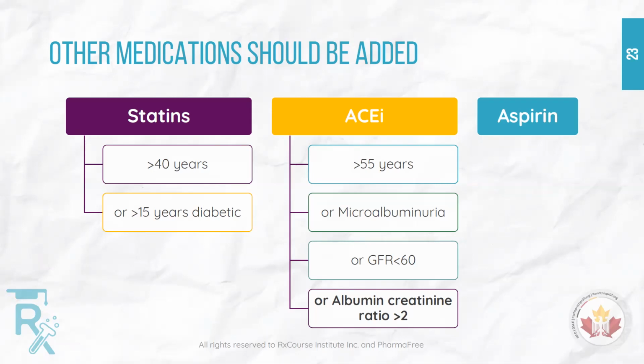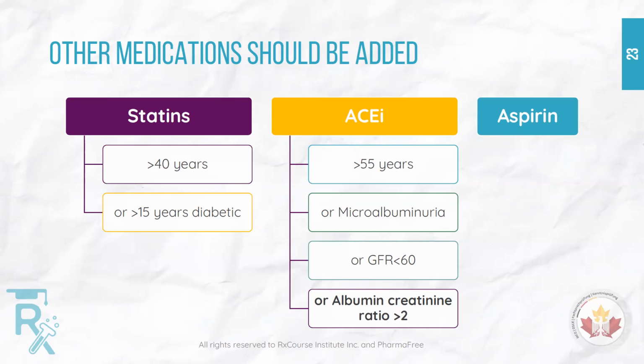No, if the history of diabetes with him is more than 15 years, like he started to have diabetes when he was 21, for example, so he has diabetes for 16 years now. So I need to add the statin at that point as a kind of protection to the blood vessels, okay?